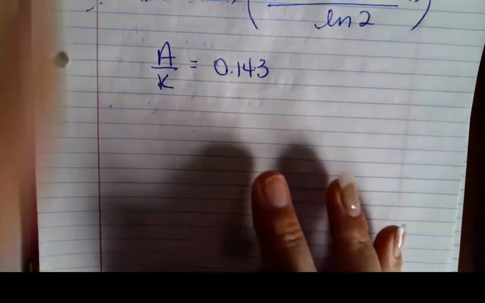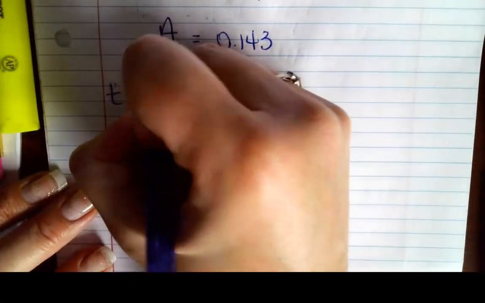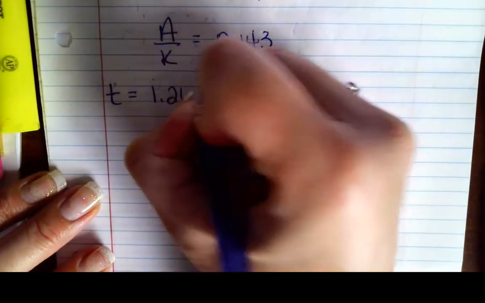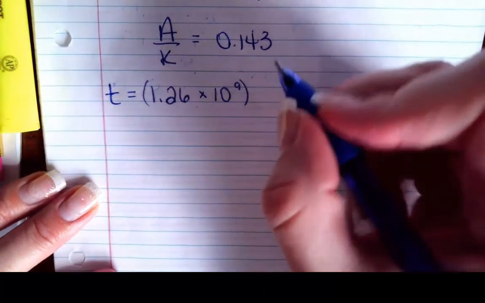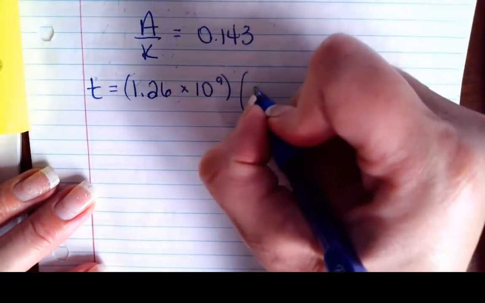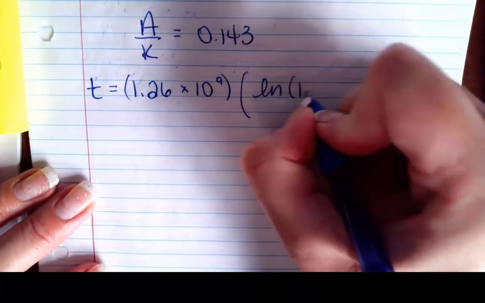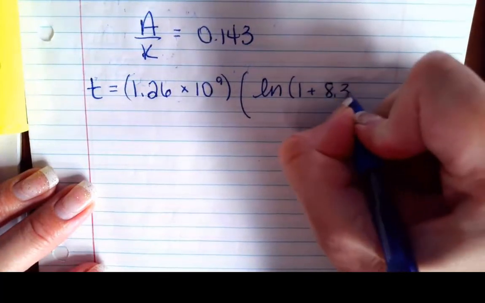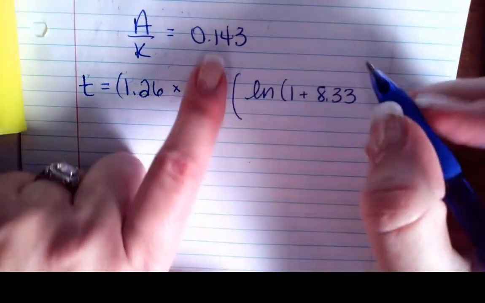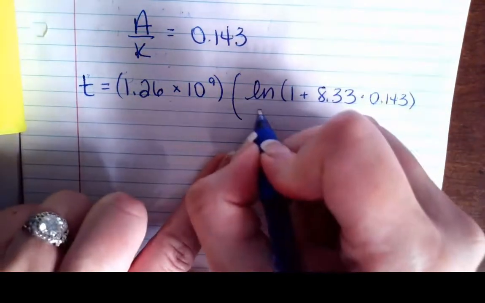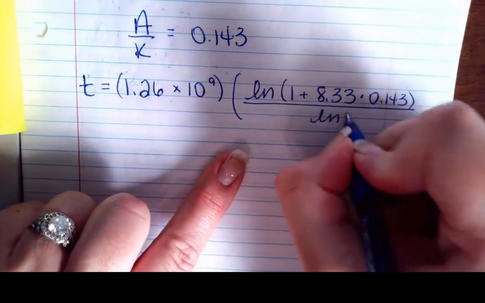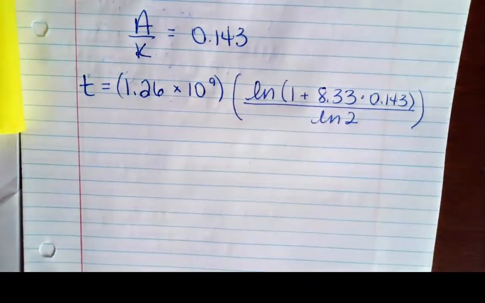So what I'm going to do is sub in. So I've got 1.26 times 10 to the 9th. And then I have the natural log of 1 plus 8.33 times 0.143, and all of that is over the natural log of 2.